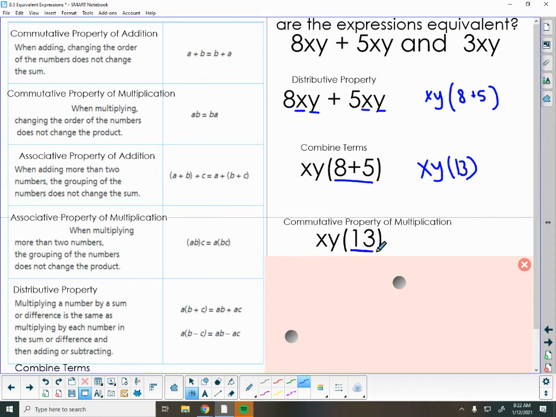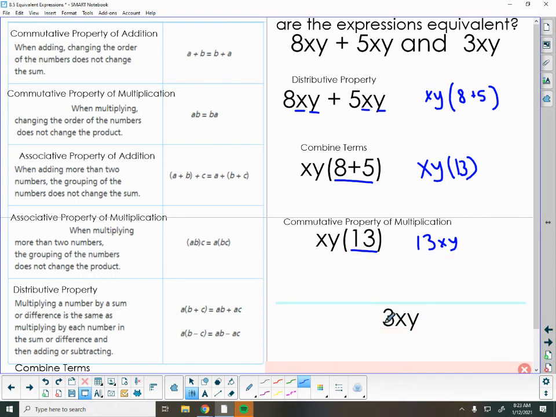We always want the coefficient in the front. So now we have 13 groups of X, Y. 13 groups of X times Y will give us that answer here. It's the same thing as X times Y times 13, because remember, we can change the order of multiplication and get the same answer.